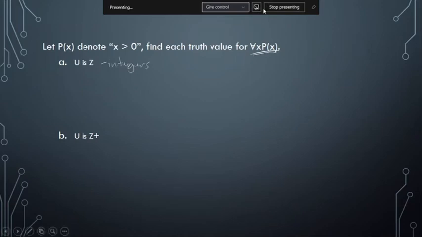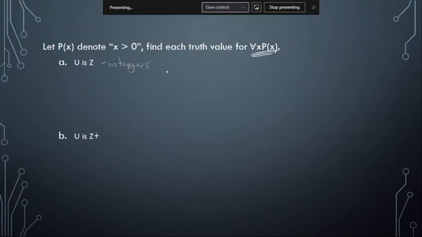Since the predicate is x greater than 0, and Z is all integers, negative or positive, this quantifier will not return a value of true.